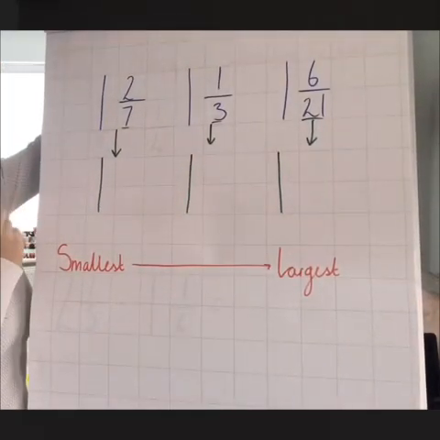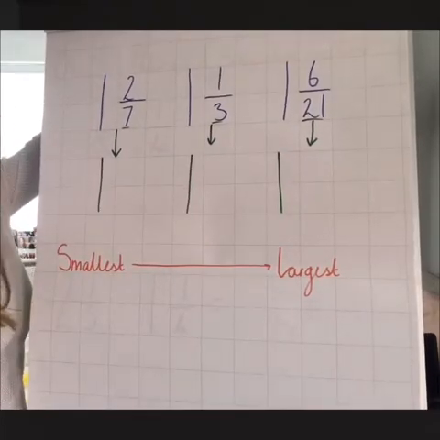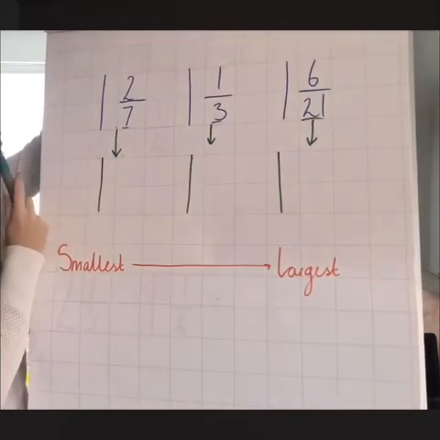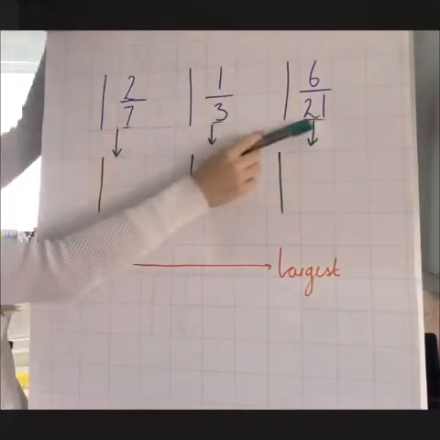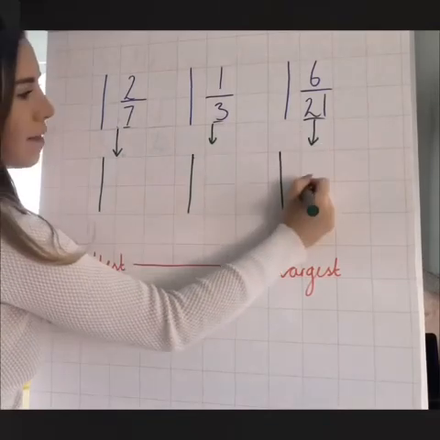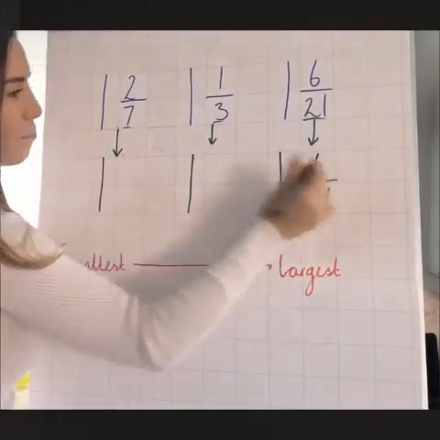Now I can spot straight away, 21 doesn't come in many times tables, but it does come in 7 and 3. So I can keep this one the same and change these 2 into out of 21, because I'm going to use that denominator.